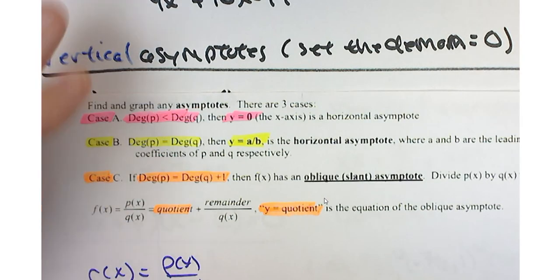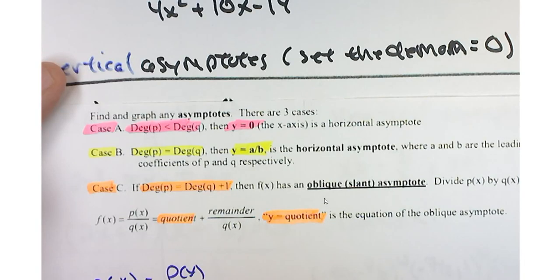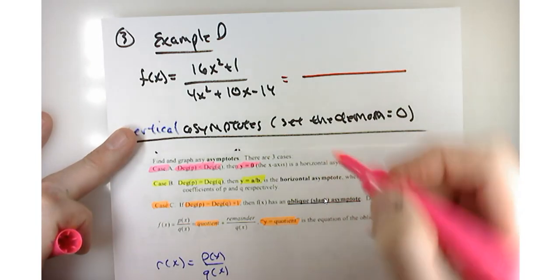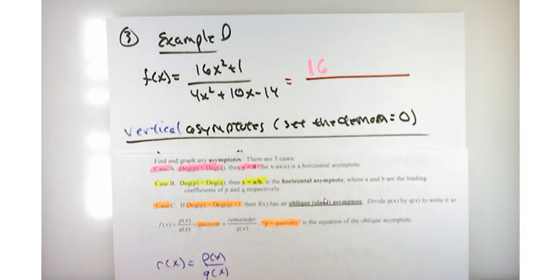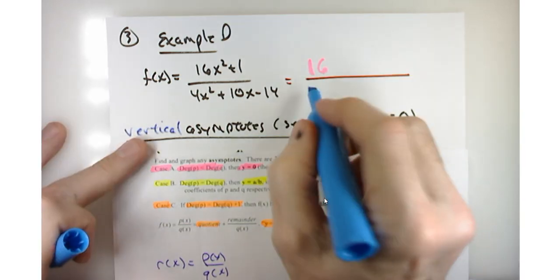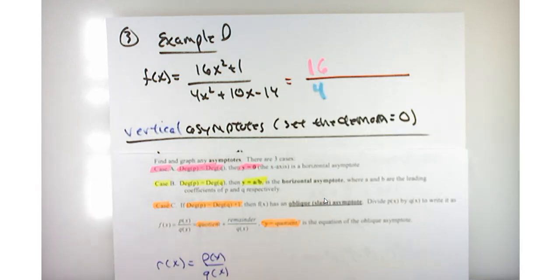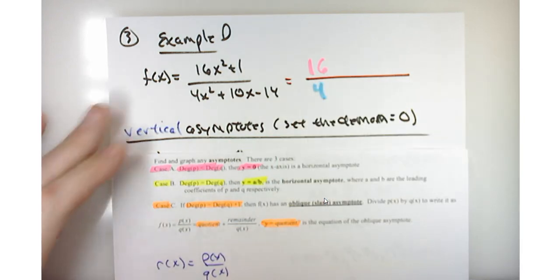Okay, well, let's see what we got in store for us here. Try and look through this and decide which case you think we have. You have case A, case B, or case C. Try and figure out which one we have.